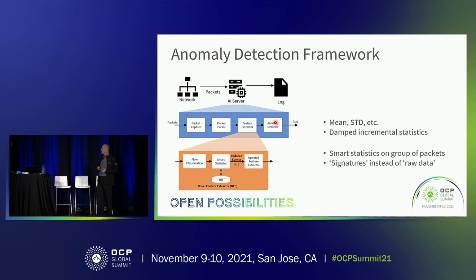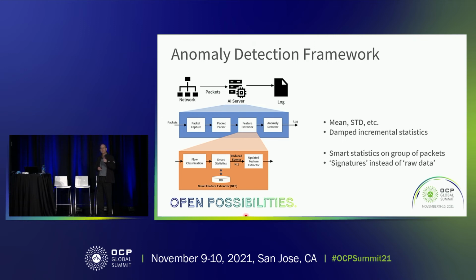Now, what we have done in our work, we created a new feature extractor that works on a large group of packets, and we place this in a database. These statistics are, for example, looking at the min size packet, the maximum size packet.